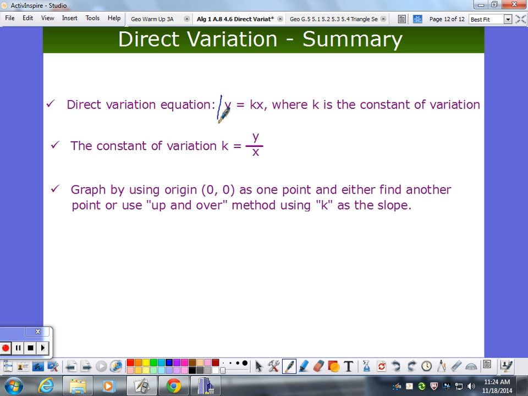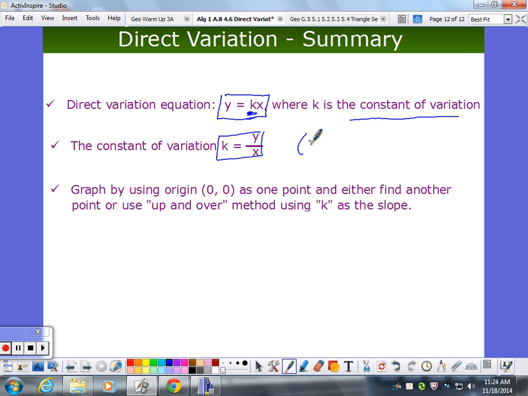Okay, so here's my summary. Direct variation, y equals kx, where k stands for constant of variation. The constant of variation is k equals y over x. You can rediscover that just by solving y equals kx for k. Divide both sides by x, you get this.